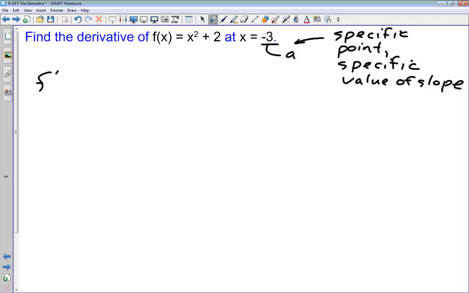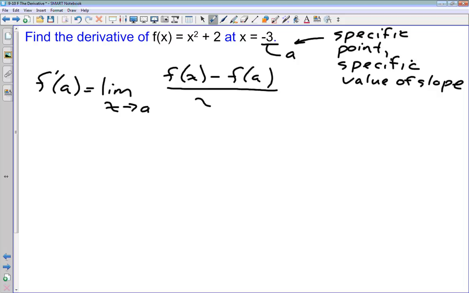So f primed at a is going to equal the limit as x tends to a of f at x minus f at a, all divided by x minus a. So in this case, our a value is -3.